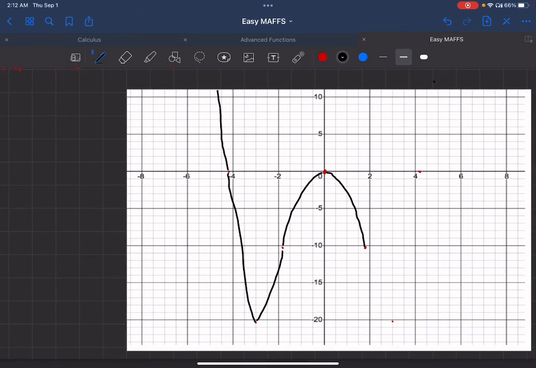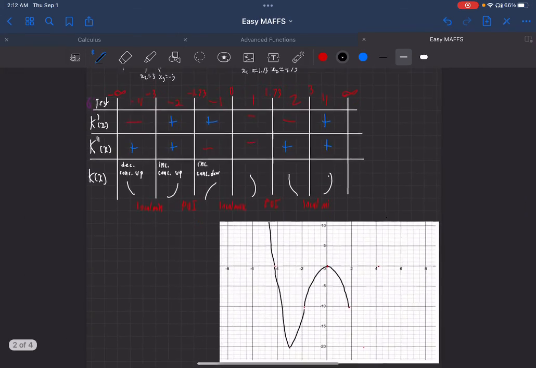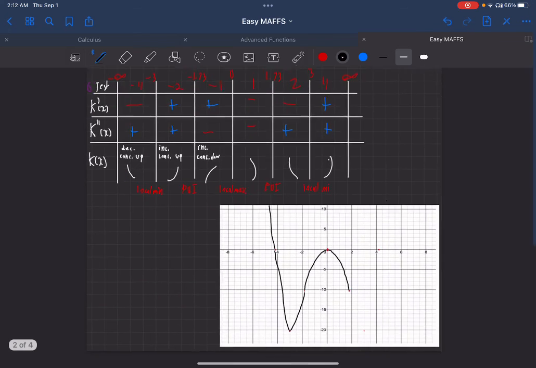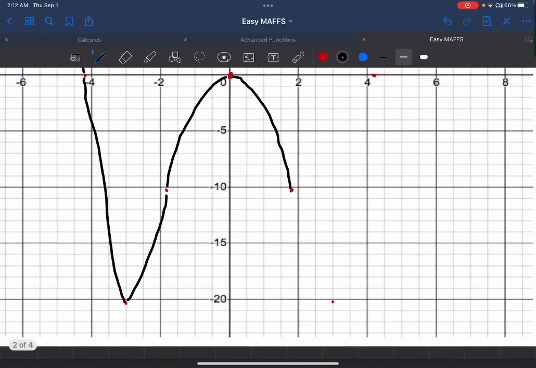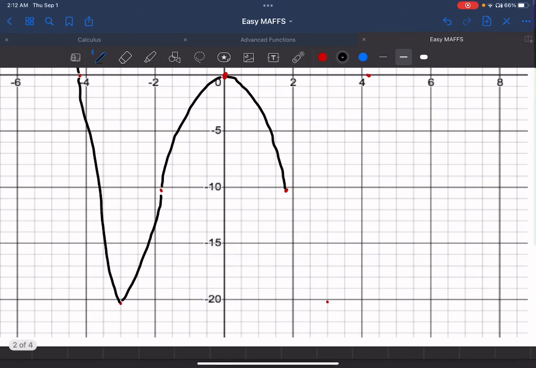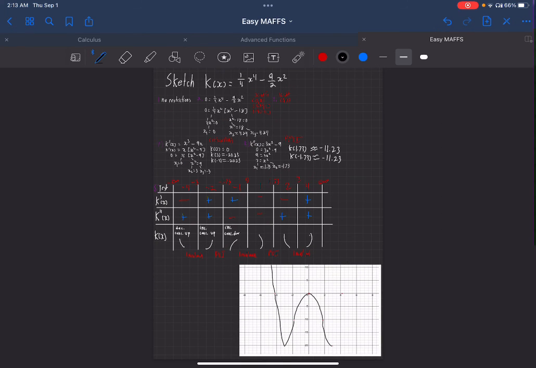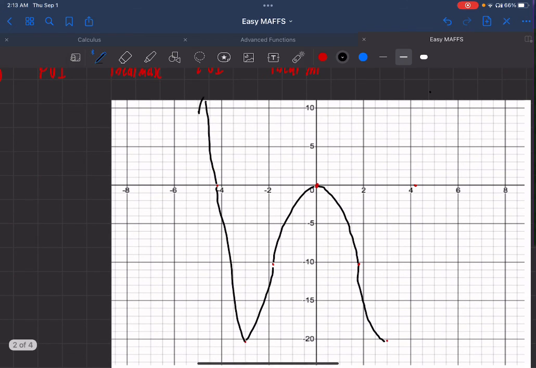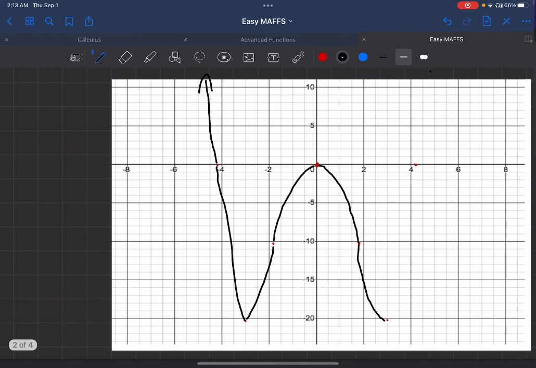And then from 1.73 to 3, we are decreasing in concave up, right? That is our point of inflection. So something like that. And from 3 to infinity, so when x is greater than 3, we are increasing. So after 3, we are increasing towards infinity. And I forgot to put an arrow there.